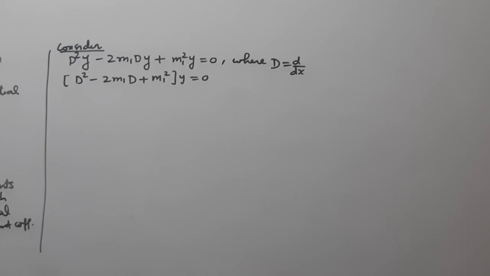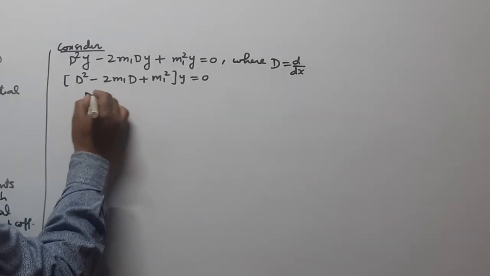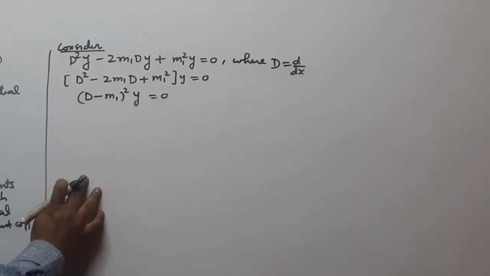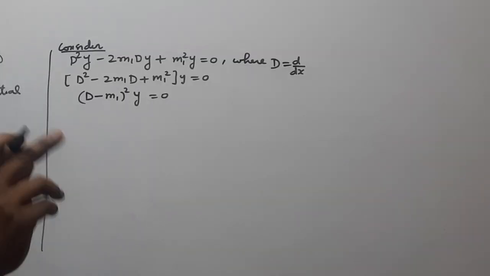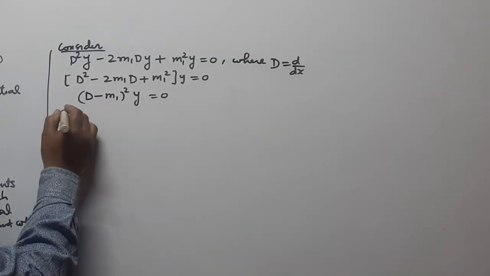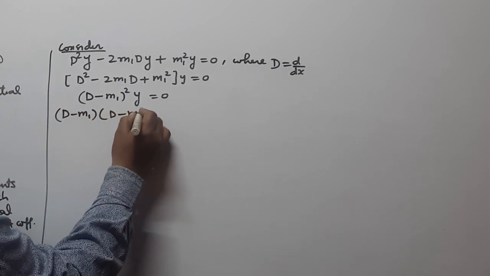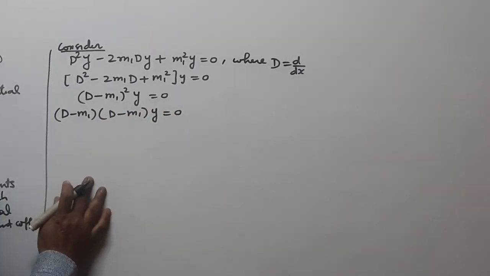Now we solve this; we factorize it. D square minus 2m1 D plus m1 square can be written as D minus m1 whole square y, and D minus m1 whole square y can also be written as D minus m1 multiplied by D minus m1 y is equal to 0.